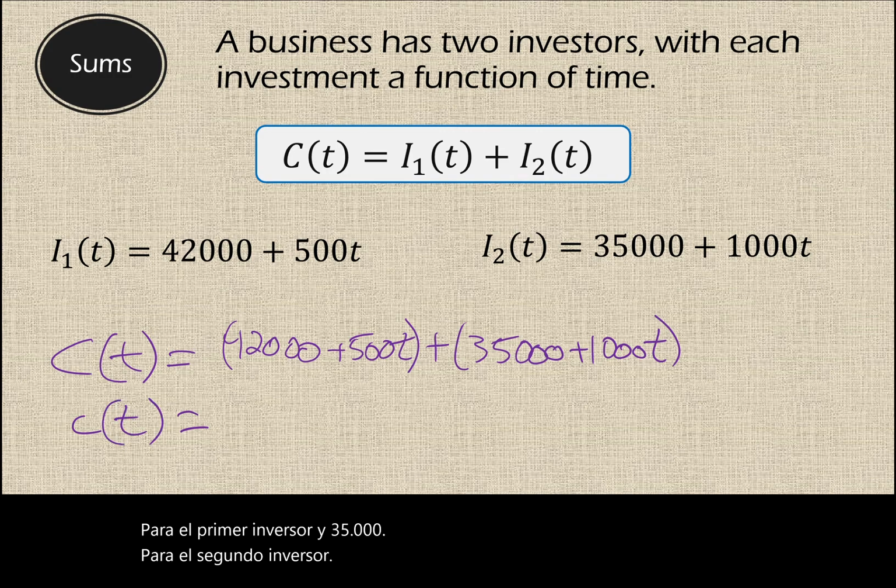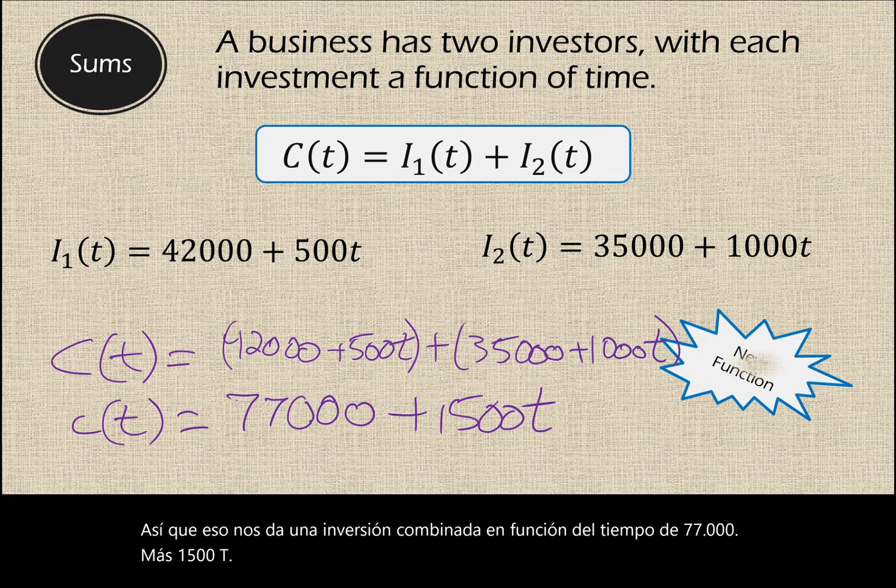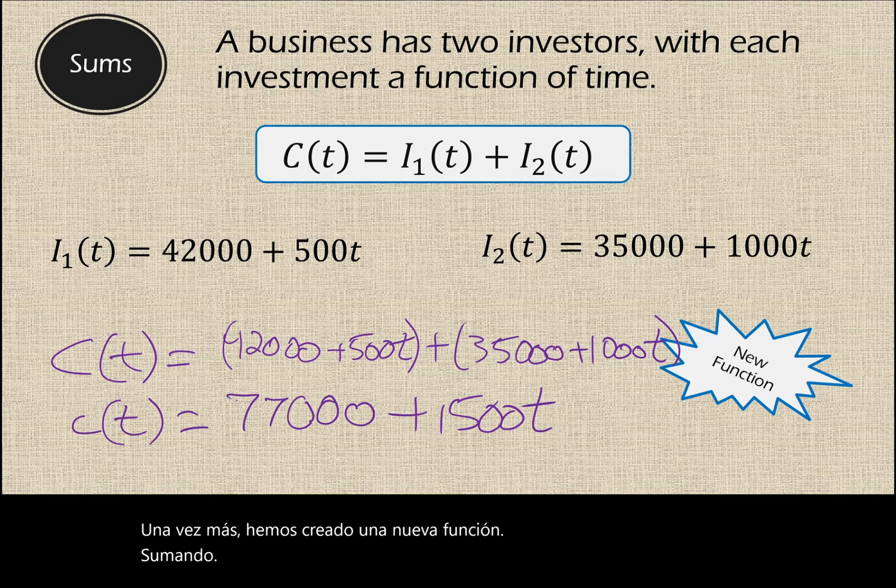So that gives us a combined investment as a function of time of 77,000 plus 1,500t. Again, we've created a new function by adding together these other 2 functions. What makes it work is that both functions were investments, and they were also functions of time.